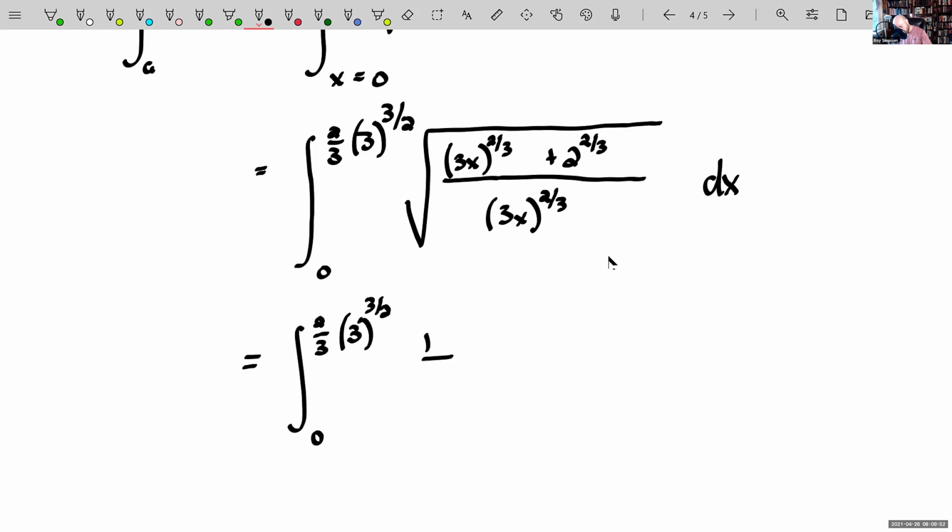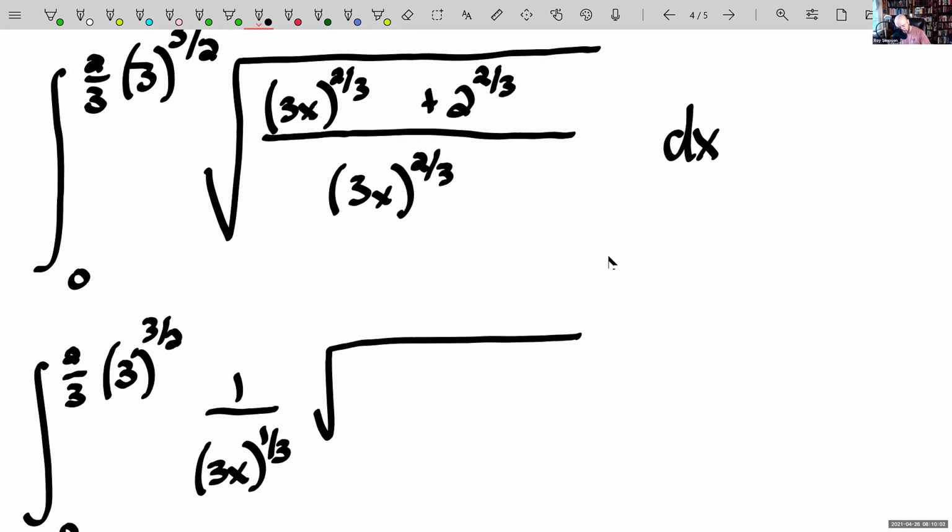I would get 1 over 3x to the 1/3. That's the square root of that denominator. In the radical there, I'm going to write it this way. I'm going to write 3 to the 2/3, x to the 2/3, plus 2 to the 2/3 dx.